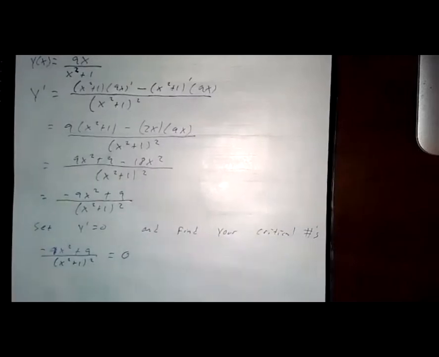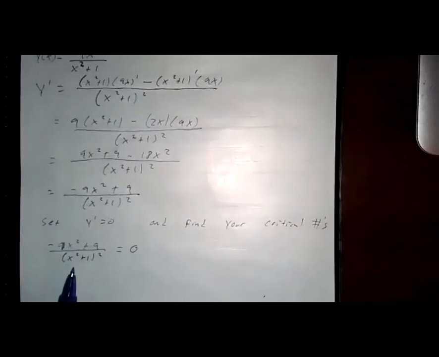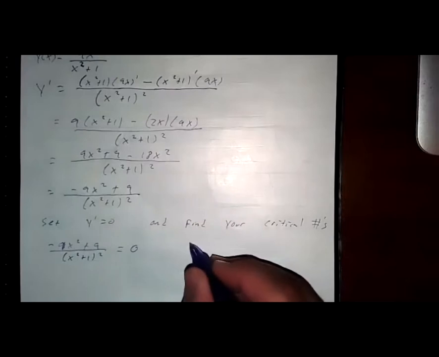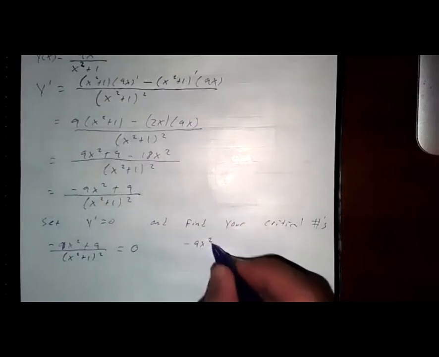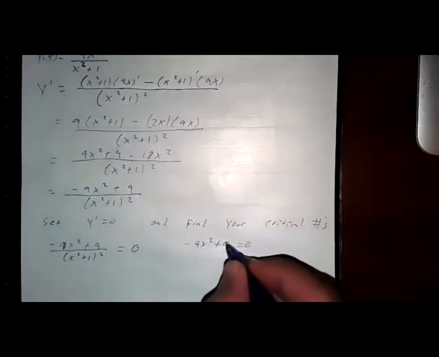All right, here we go. So negative 9x squared plus 9 over x squared plus 1 squared equal to 0. The bottom is not really going to do anything for us because it will never be 0. Only the top can make the whole thing 0. So we are really solving this guy here, just so we don't have to write as much.